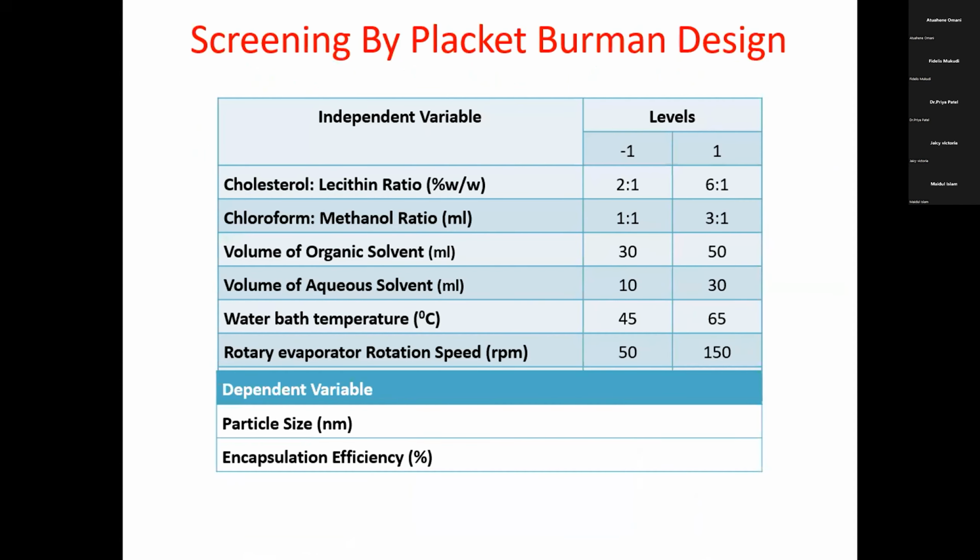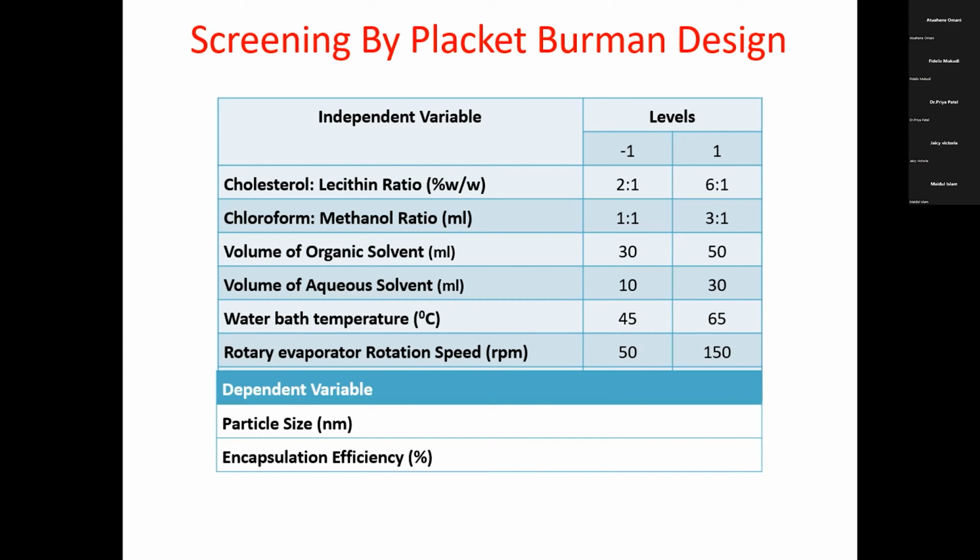And now, as formulation scientists, we need to focus more on the statistical parameters of formulations, because whenever we formulate in our lab, there are various factors which highly affect the quality of our formulations.